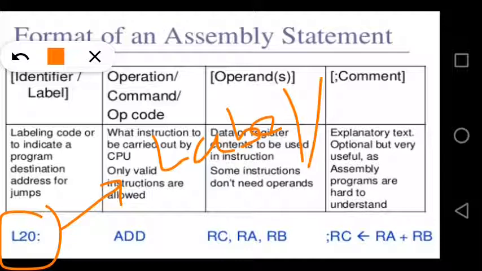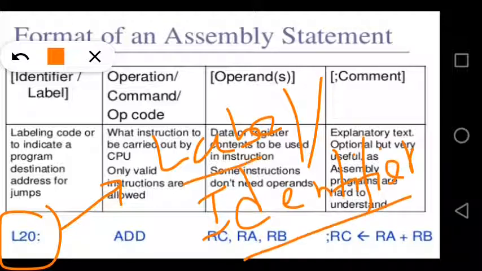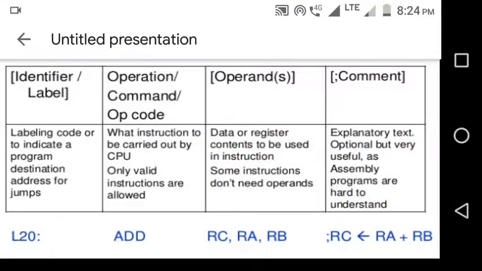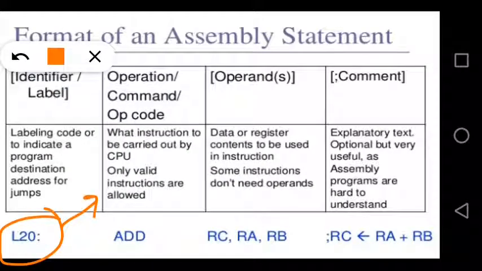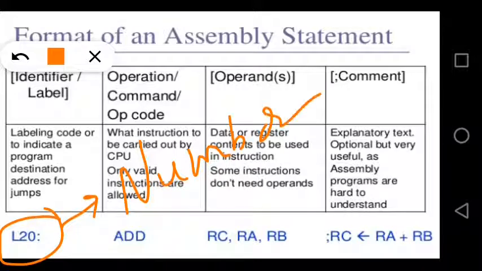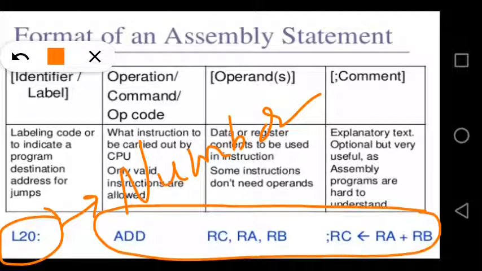Labels are used to indicate a program destination address for jumps. It is like a unique number given to this instruction.